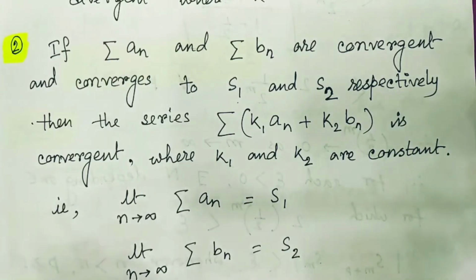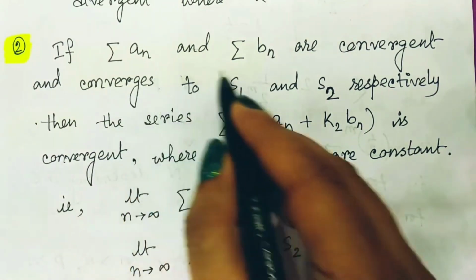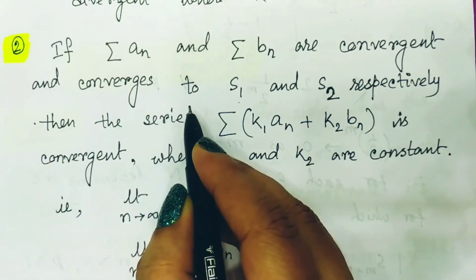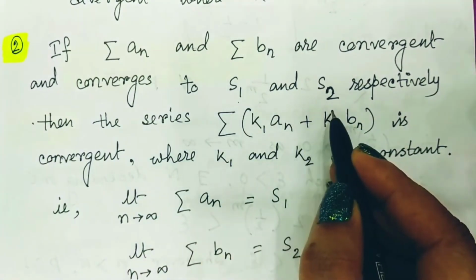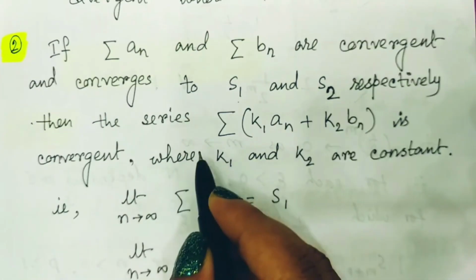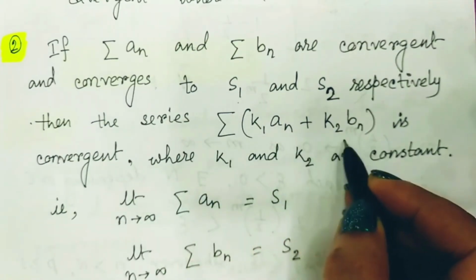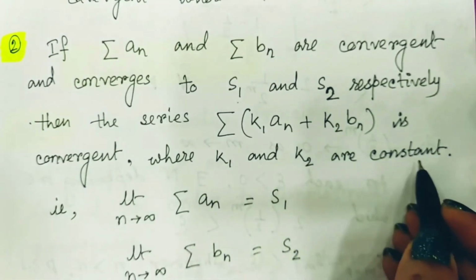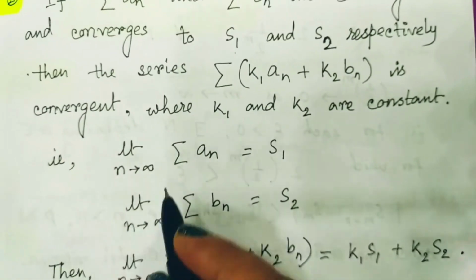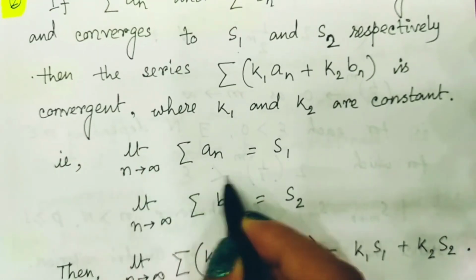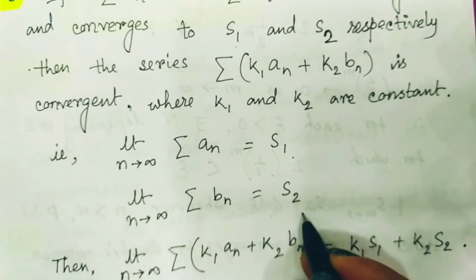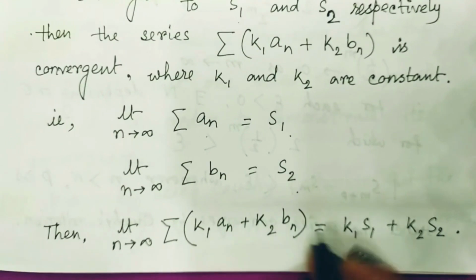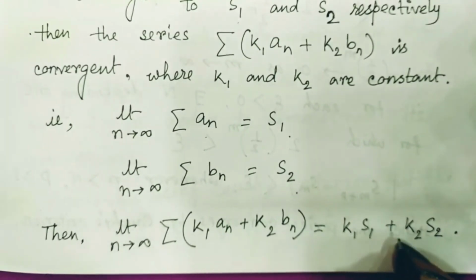Now one more property: if summation an and summation bn are two convergent series, converging towards the limits s1 and s2 respectively, then the series summation of (k1 an plus k2 bn) is convergent, where k1 and k2 are constants. It converges towards k1 s1 plus k2 s2.